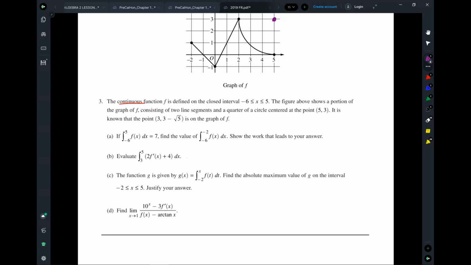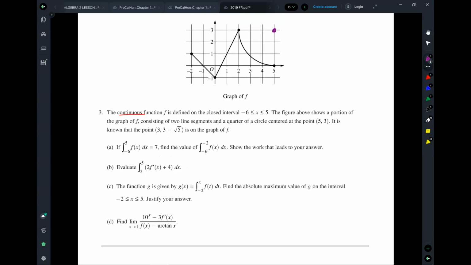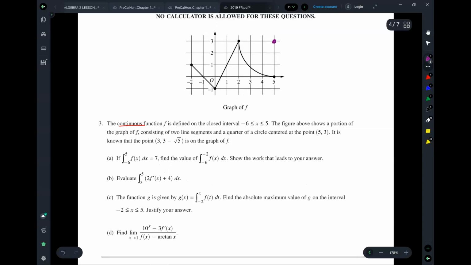Part A. If the integral from -6 to 5 of f of x dx is 7, what is the value of the integral from -6 to -2 of f of x dx? Show the work that leads to your answer. So the area from -6 all the way to 5 is 7. That includes the part shown on the graph and the parts that are not.